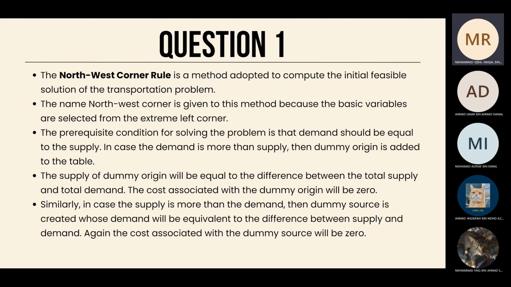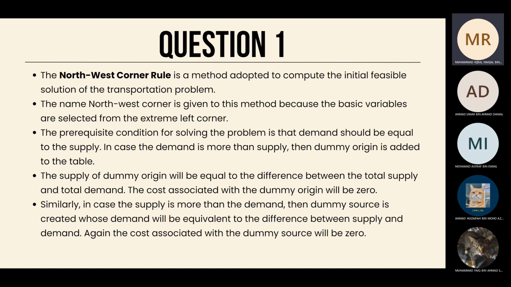Okay, for question 1, the northwest corner rule is a method adopted to compute the initial feasible solution of the problem. The name northwest corner is given to the method because the basic variables are selected from the extreme left corner.